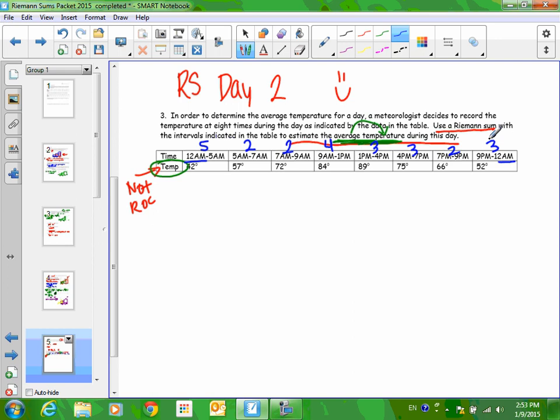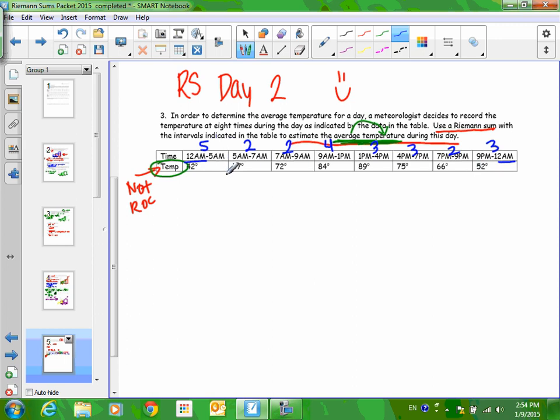I'm going to say this again, and I'm making a big deal about this for a very big reason. We are not trying to accumulate and add up everything. It's not asking what the total number of degrees is over this 24 hours. They're asking us to take the average temperature during the day. So my answer should be a number somewhere in amongst these numbers.